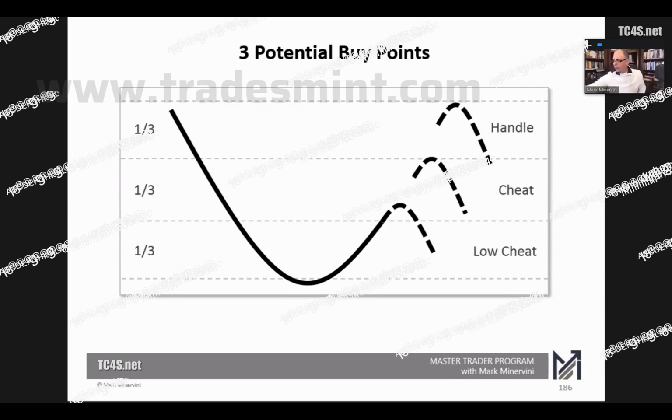Okay, so two things. One is, I get really nervous when somebody asks a question like that, because it starts to show that you are looking for a bias to say, well, I'm just going to play low cheats because they're better. If I told you that the probability is much better for the low cheat, you might say, well, why play handles and cheats? Then you might miss an entire bull market or miss some of the greatest stocks because they set up from a handle.